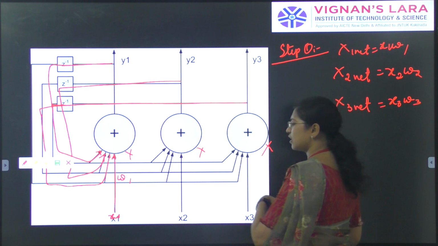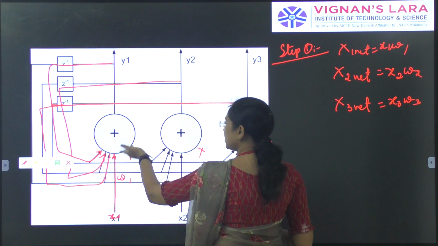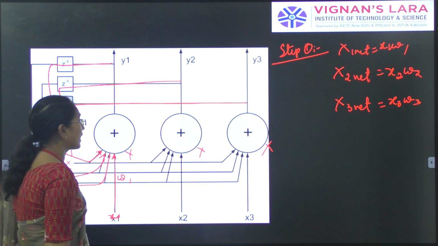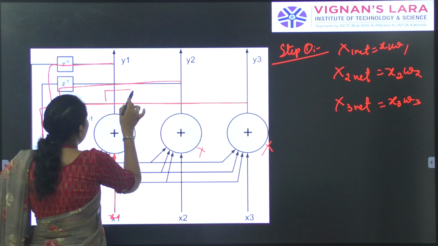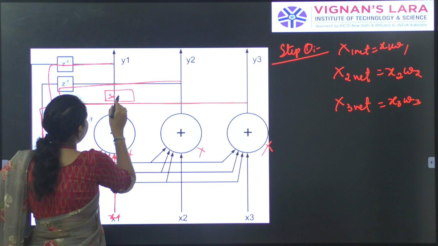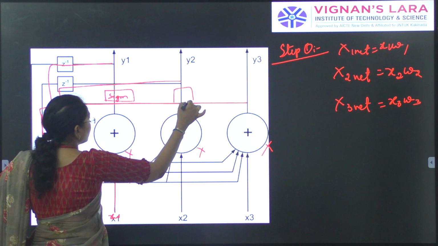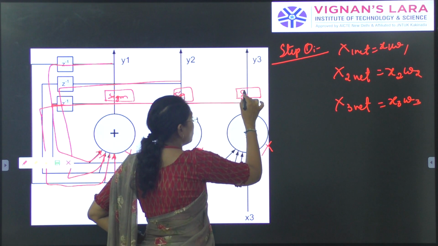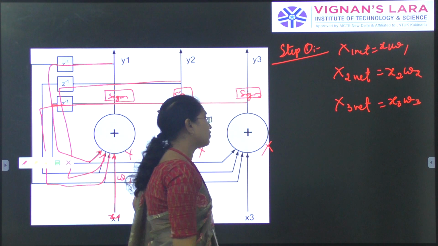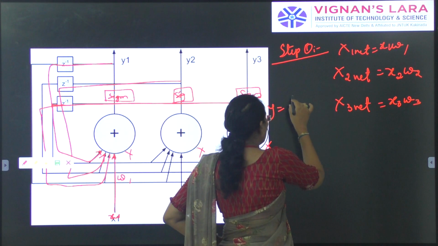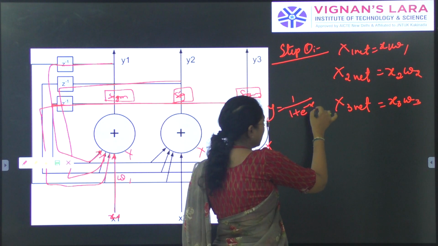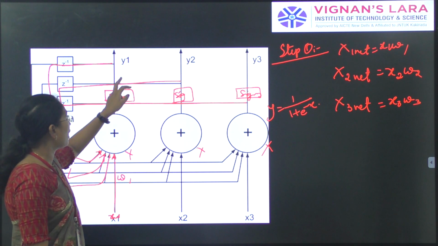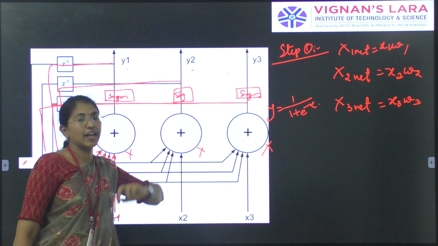As there are no other inputs, the summation is x1 w1. Now you are passing through a continuous activation function. Let it be sigmoidal, whose function is y equals 1 by 1 plus e power minus x. Here we have three outputs, y1, y2 and y3.